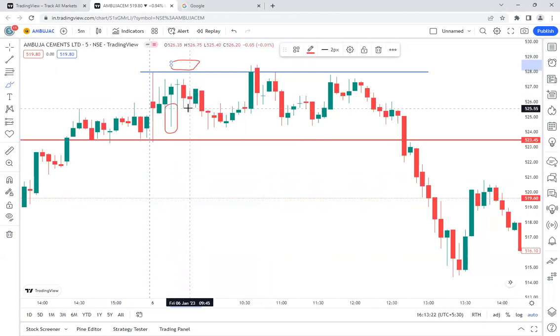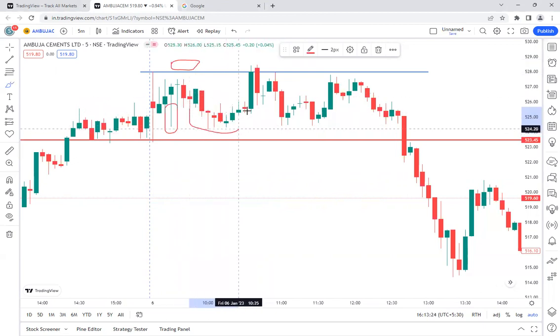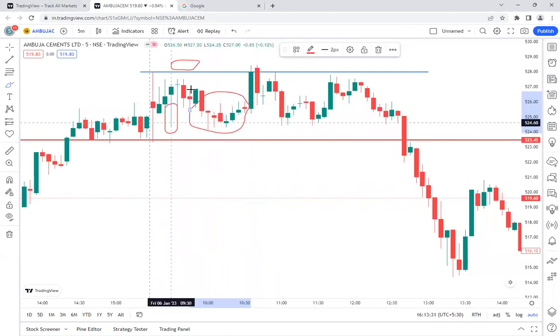Whoever has taken a sell position here, most of them will be adding to their quantity, because this is the second attempt at selling, and it also made a clear lower low, because this is the higher low for the day and this is the lower low for the day. All the sellers who have taken the position are safe here, because the buyers were not able to go above the 5-minute candle high, or kill the sellers who entered the position here.